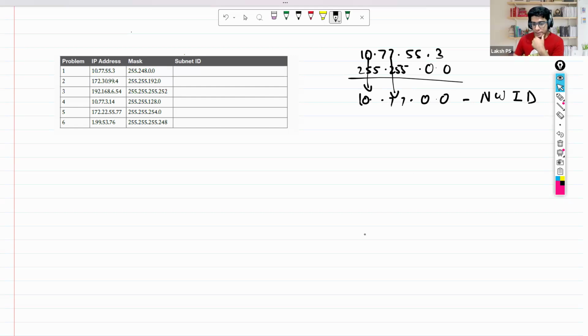Okay. And the broadcast ID. The zeros in this IP address, convert them into 255. This is your broadcast ID. Right?